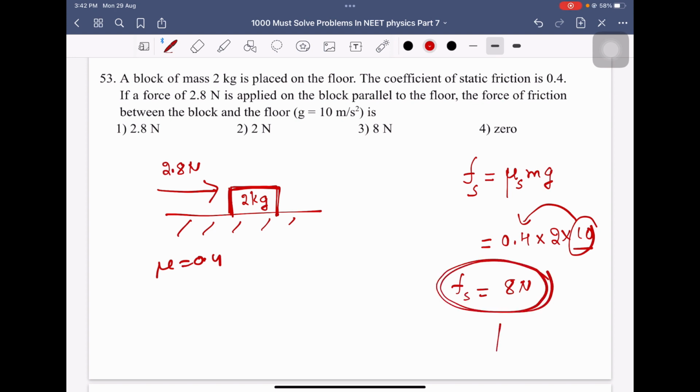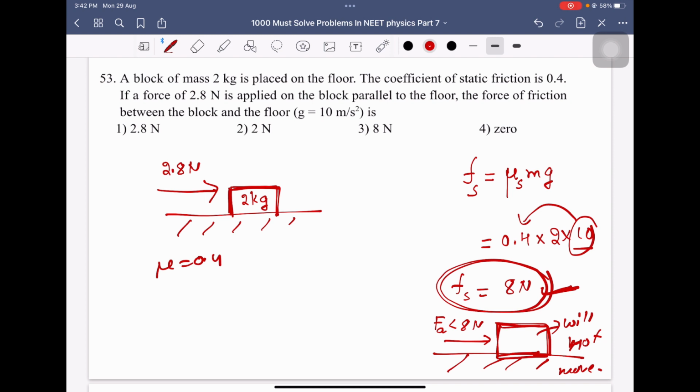What does it mean? If the applied force is less than 8 Newton, then the block will not move. If this block has to move, the applied force has to be greater than the maximum value of static friction.